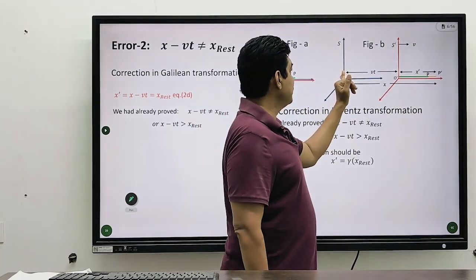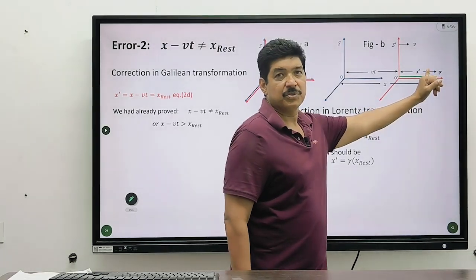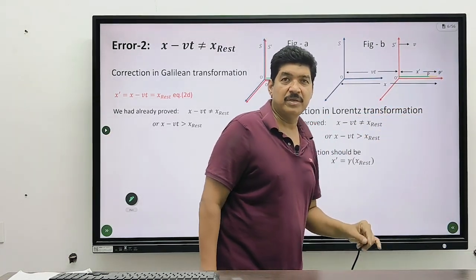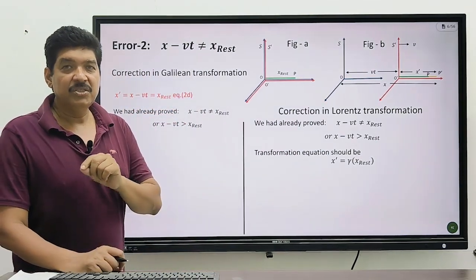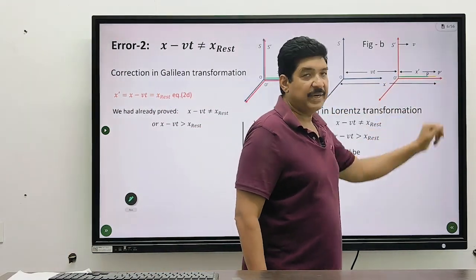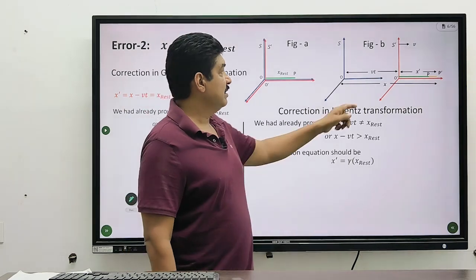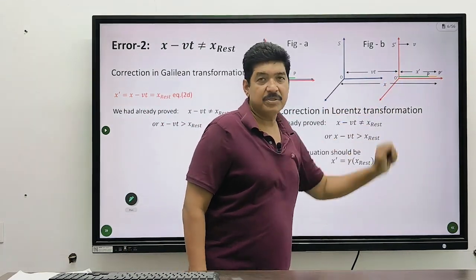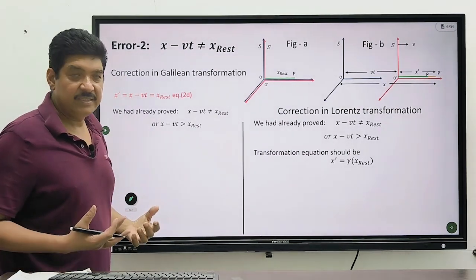So we have to include only values up to this p. That transformation is not included, because in Galilean transformation there is no transformation of point P to point P prime. The value of x rest has to be the value of x prime also. So for that you have to make certain changes.